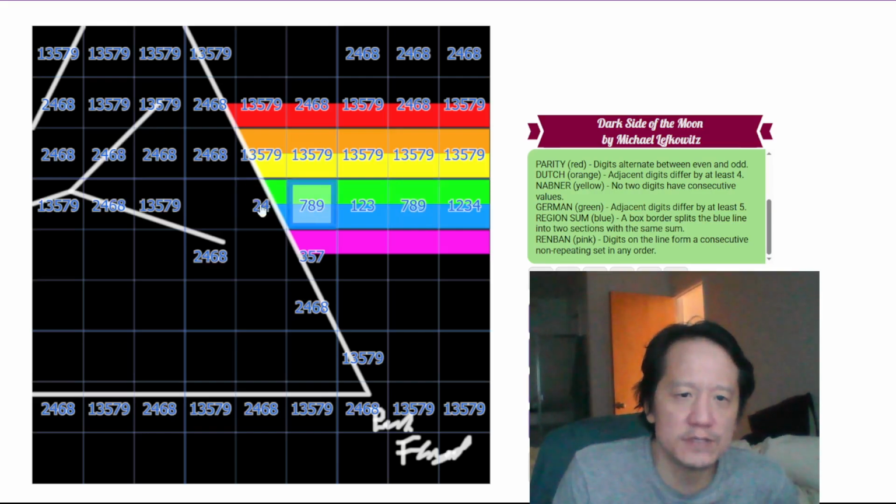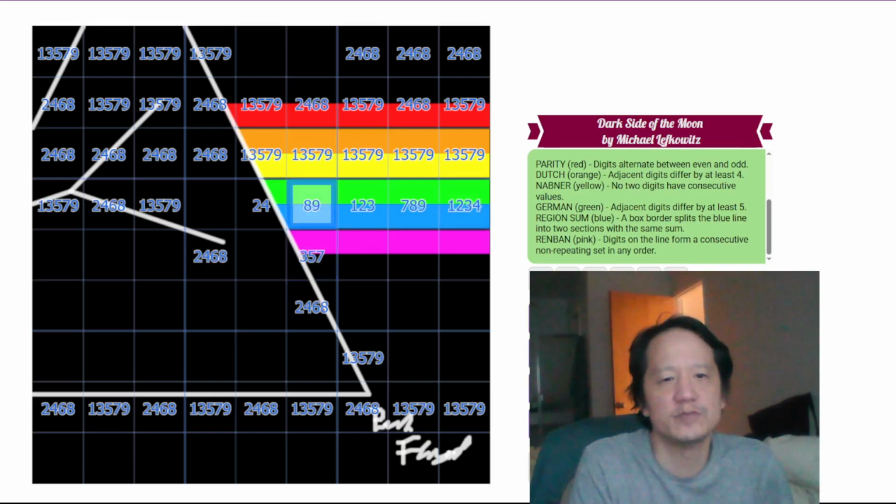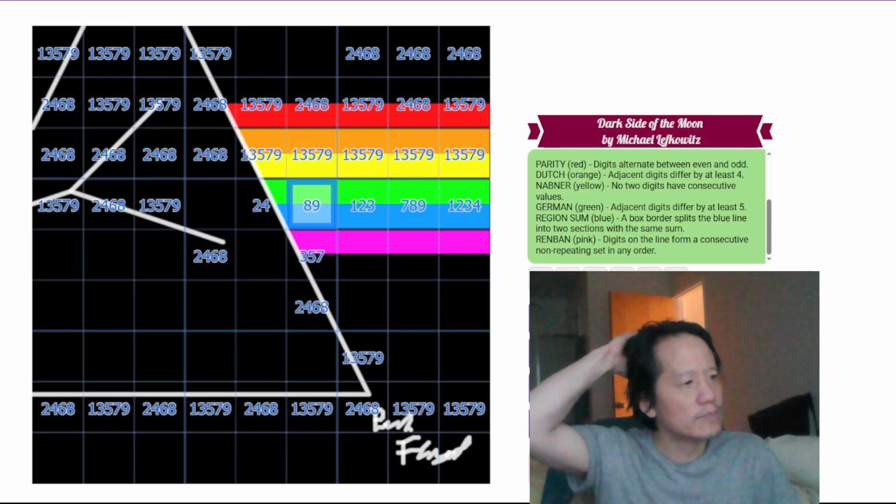So if we made this 7, this would force this to be 2. If we tried to make this 2 and 7, the problem is this would have to be 1, but this would already be 8 or 9. So 2 and 7 would be 9. Adding with 1 and 8 would already be 9, and that's not including that digit. So this cannot be 7. This has to be 8 or 9.